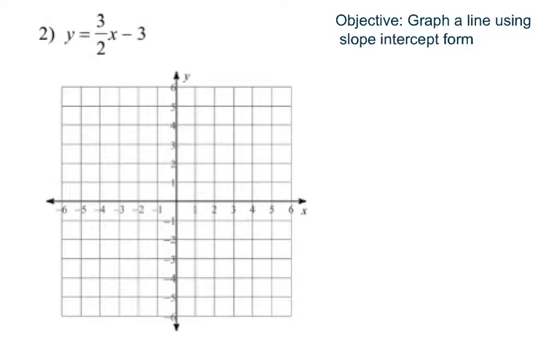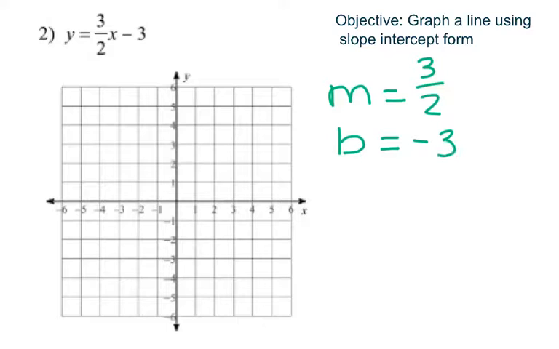Okay, let's look at this next problem. So remember, our first step is to identify our m, which is our slope, and our b. So our slope here is 3 over 2, and our b is negative 3.